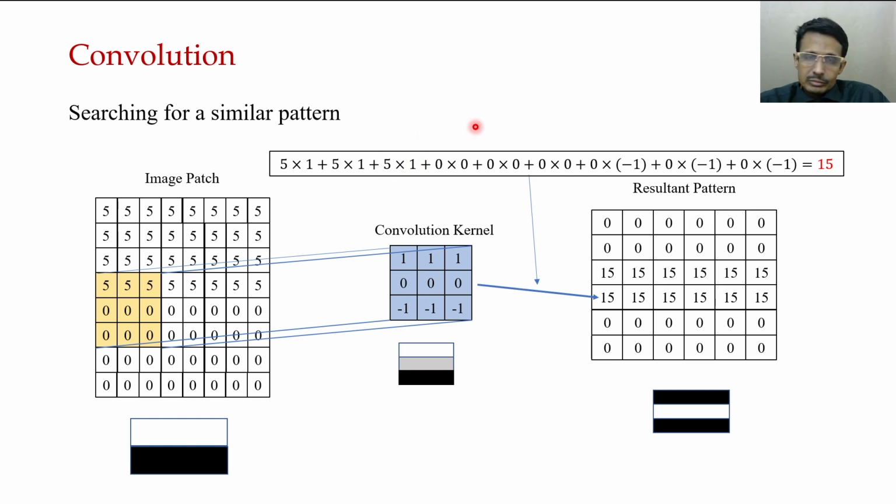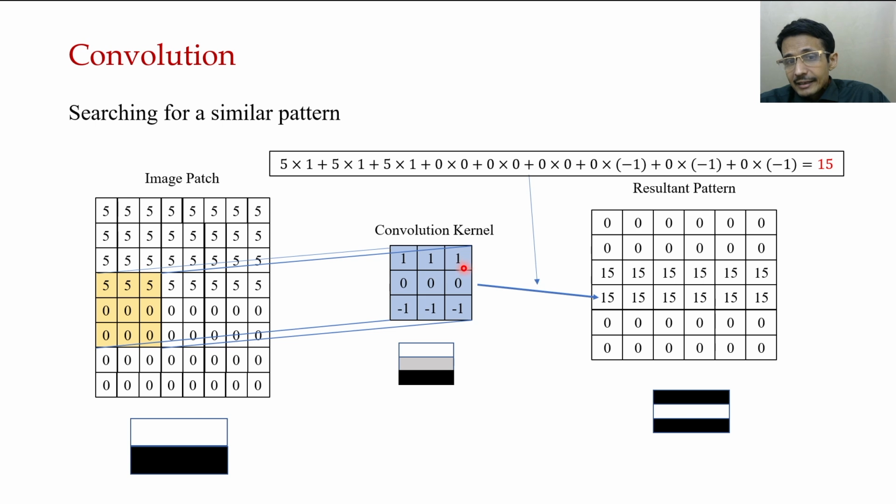Before we go next, one thing must be understood. For understanding this idea of convolution, we use this fixed kernel. But when we put this convolution kernel into the convolutional neural network, these kernels are not fixed like this.